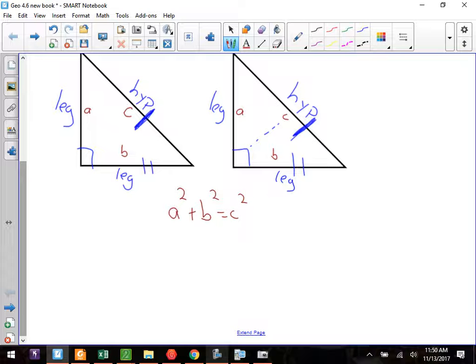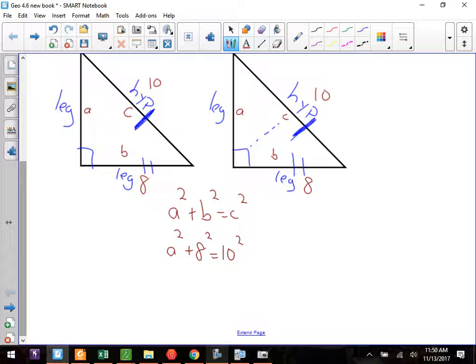Now, the reason why hypotenuse leg works is because of this. If I say that the hypotenuse is 10, and this leg is 8, I can use algebra to solve for the missing side length. So a squared plus 8 squared is 10 squared. What's 8 squared? 64.